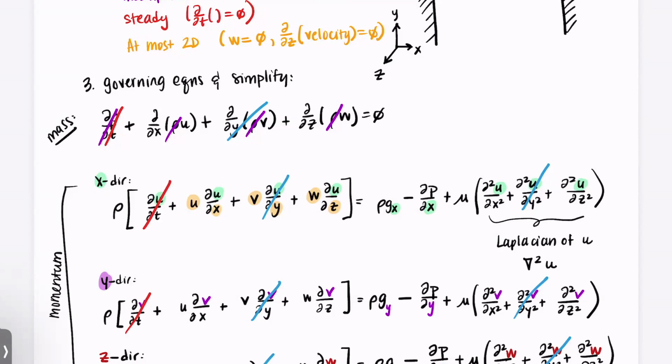All right, and then last but not least, we're going to assume that this is at most 2D. So first, I'm going to get rid of all my W components of velocity. So anywhere W appears, we're saying that it's 0.